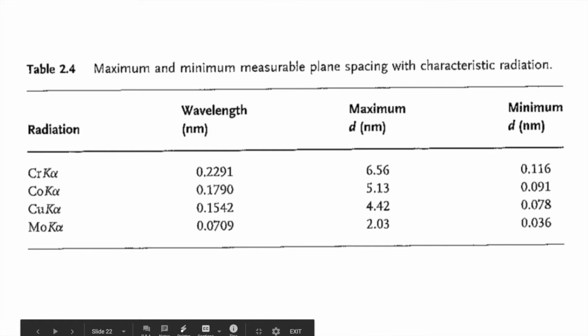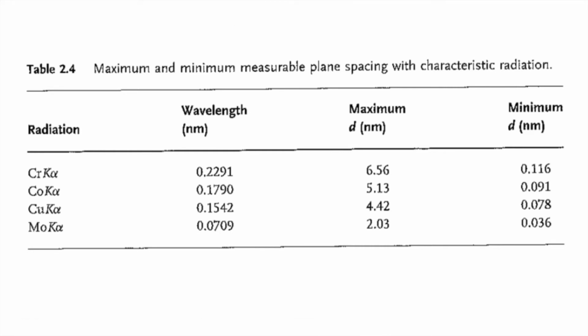And so that's why oftentimes if you have the choice, you want to look at what types of d-spacings you are trying to measure, and that's going to determine what wavelength you want to use. So the higher the wavelength, the higher the d-spacing we can capture. The lower the wavelength, the lower the minimum d-spacing that we can capture.